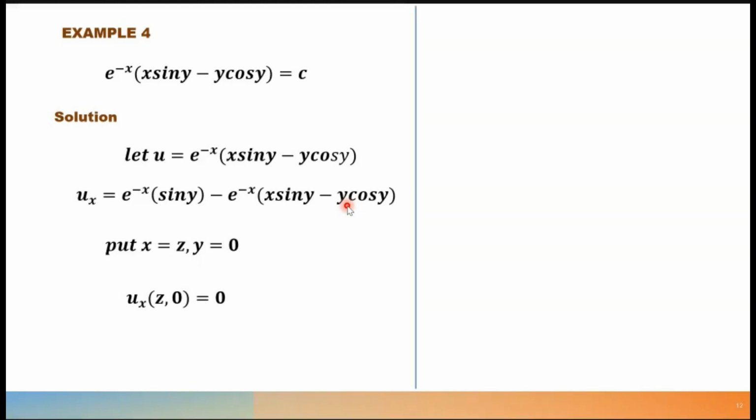Then calculating uy. Now in uy, if I see the first, that is e raised to minus x is a constant. So in differentiating only the bracket term. So x into sine y, derivative is x into cos y, cos y, both are functions of y. So u into v, y into derivative of cos y, which is minus sine y. So it becomes plus, and then cos y into derivative of y, that is 1.